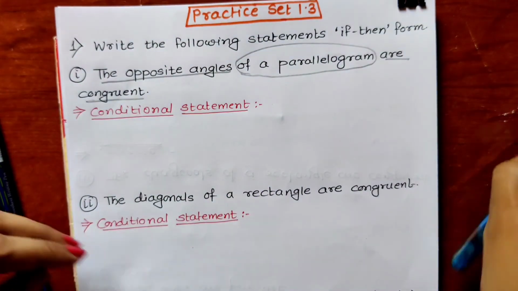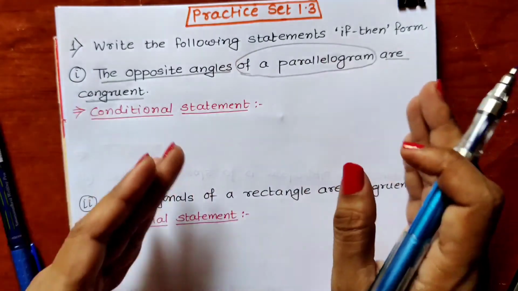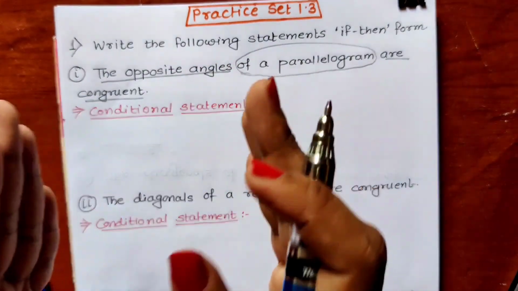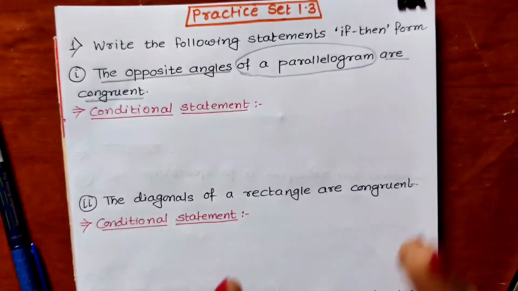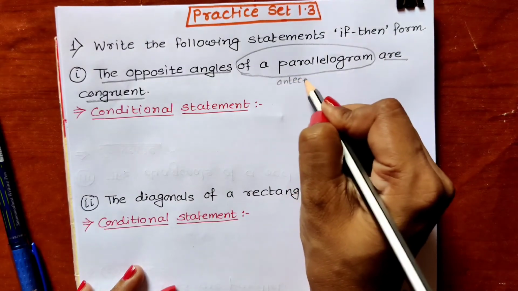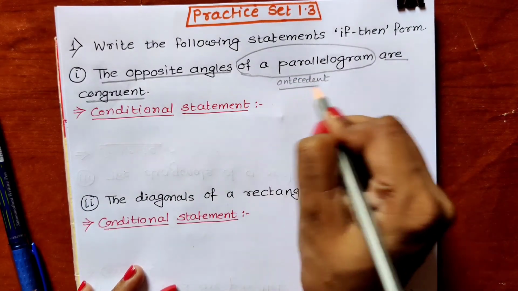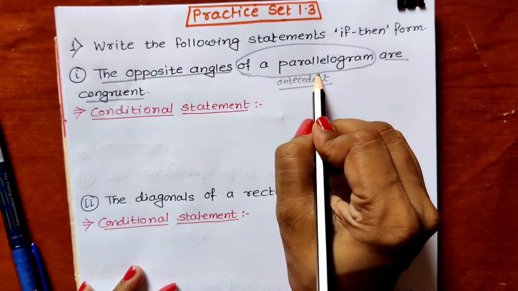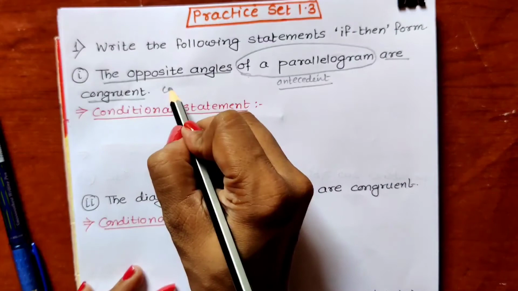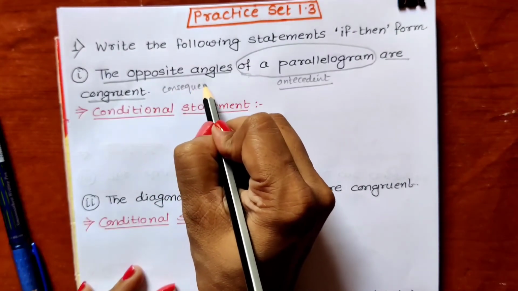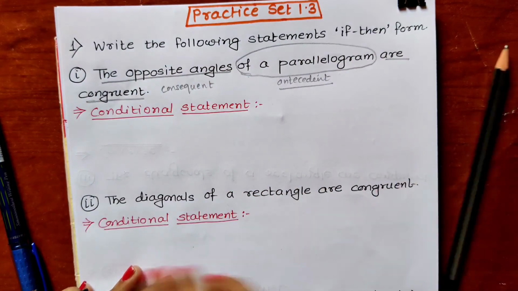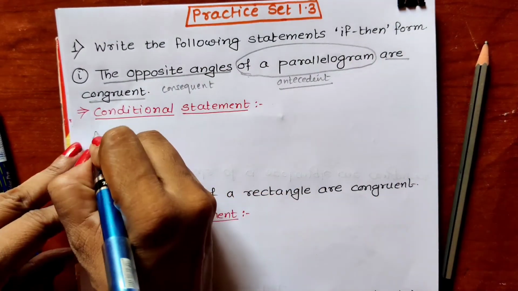Okay. So in this way, we have to form two parts of our statement so that we get the antecedent and consequent. So this will become our antecedent, that means the question part. If a quadrilateral is a parallelogram, then what is its answer? The answer, that means the consequent, will be: then its opposite angles are congruent. So let us write the conditional statement.